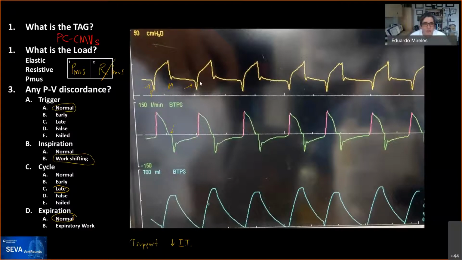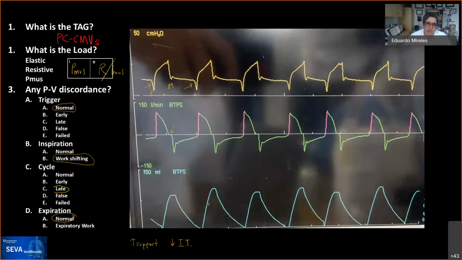So this is a great question. This is work triggering work, right? The patient is doing work at the beginning of the breath, and the aim is to decrease the amount of work that the patient is developing at the beginning of the breath. There are some things you can do, like decreasing the rise time on the ventilator so that it delivers the pressure as fast as it can, so that the time with the pressure below the baseline is minimized.